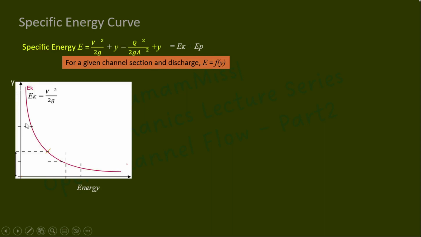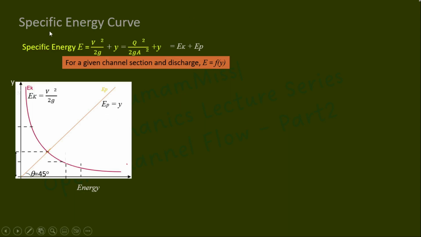This parabolic curve represents the variation of Ek with respect to y. In the next step, we can plot the variation of specific potential energy with respect to y. That means Ep equal to y, which represents a straight line making an angle of 45 degrees with respect to horizontal. This straight line represents Ep equal to y.